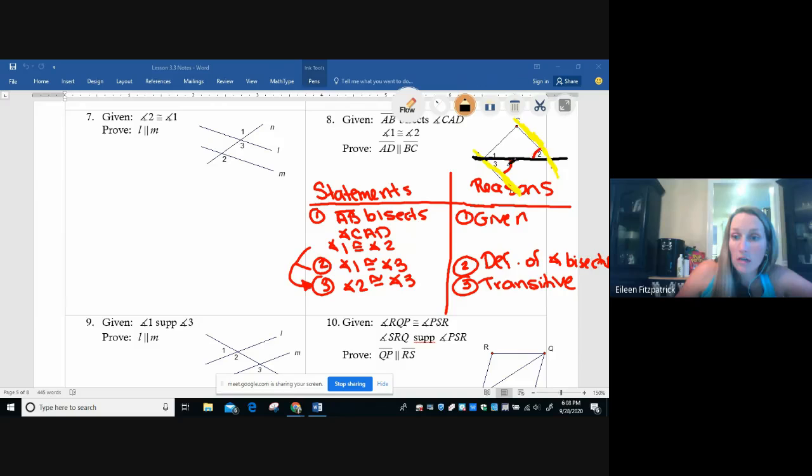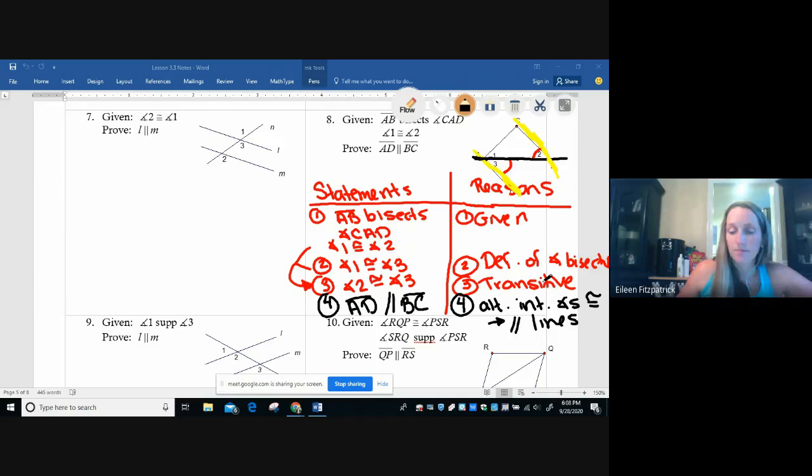They are alternate interior angles. And when alternate interior angles are congruent, that means your lines are parallel. So you can say that AD is parallel to BC, and that's because alternate interior angles congruent implies parallel lines.